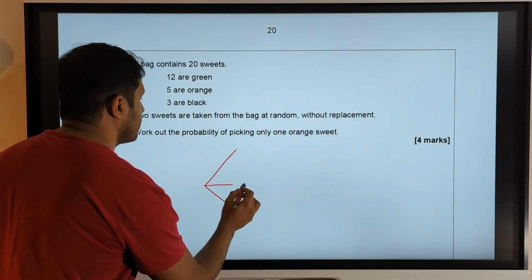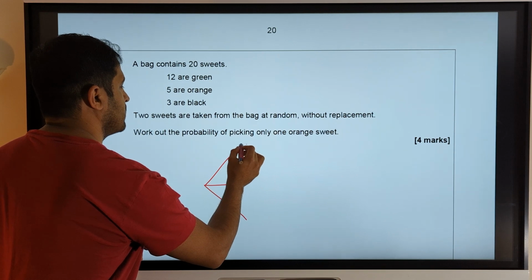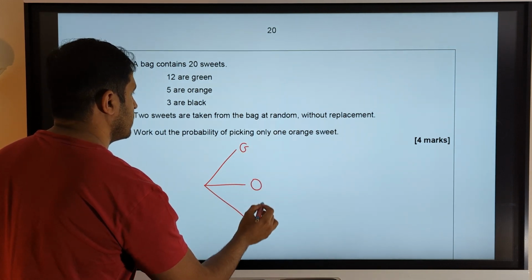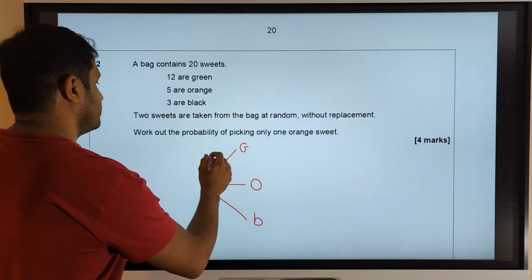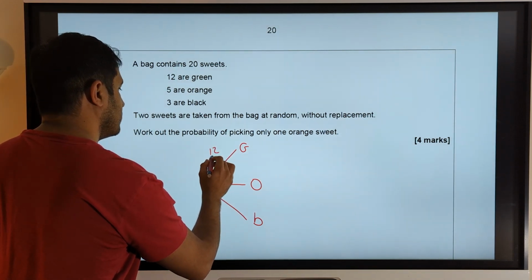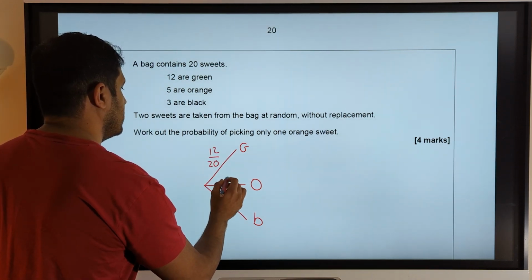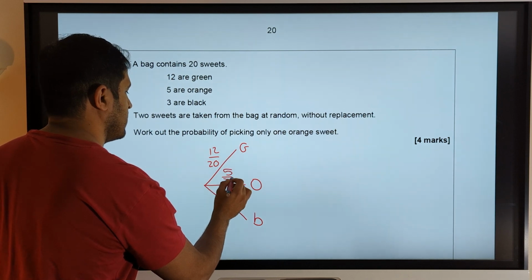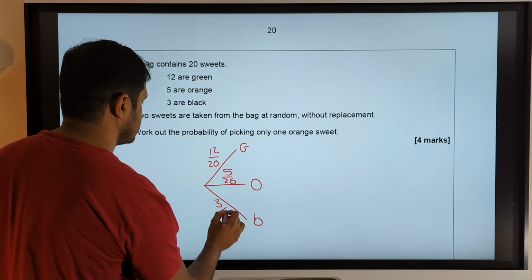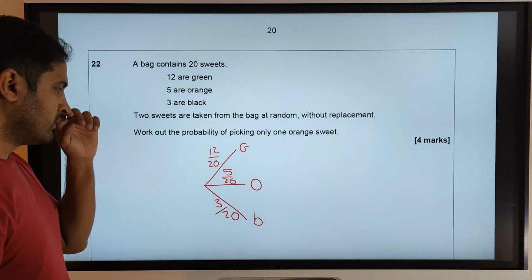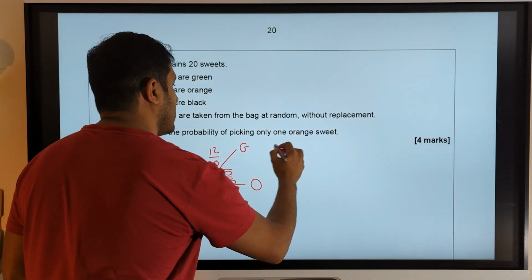And there are 3 different colors. So we can start with the green, orange, and black in the first pick. So it's 12 out of 20, 5 20ths, and 3 20ths. And now the second pick, you will have this.